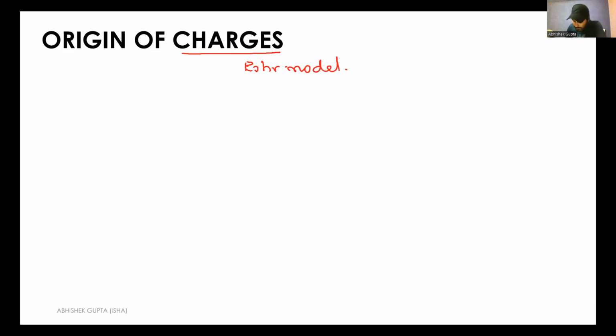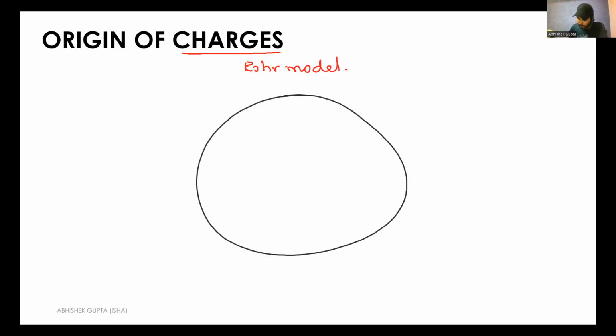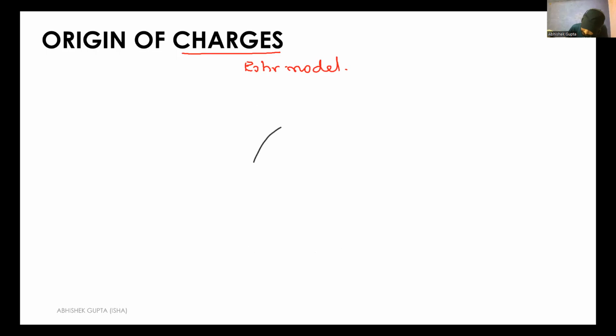It simply says that suppose we have an atom. It says that the atom as a whole is electrically neutral. Electrically neutral कहने का मतलब क्या हुआ?